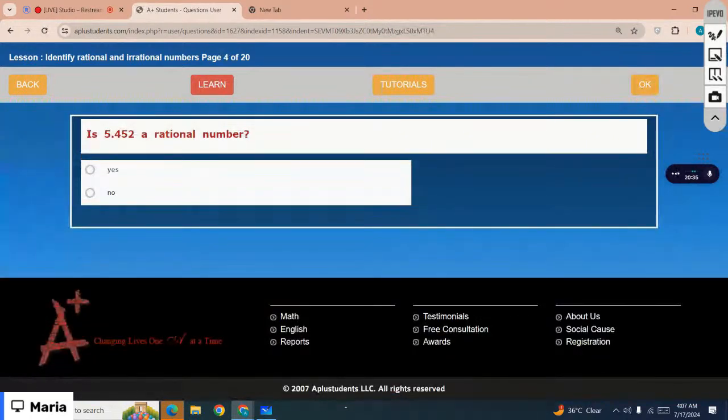Is 5.452 a rational number? The correct option is yes, that is a rational number because that is a terminating decimal.